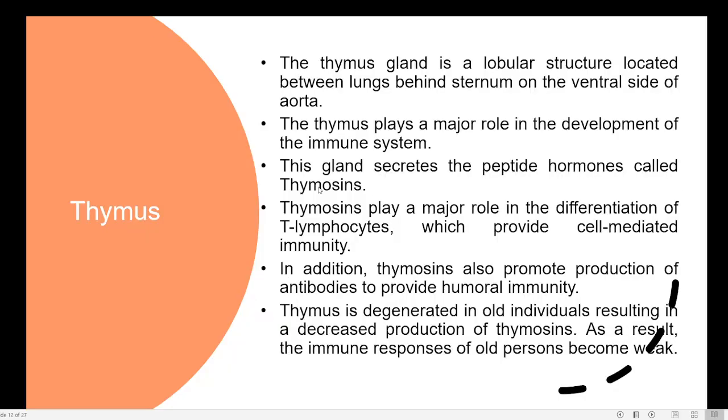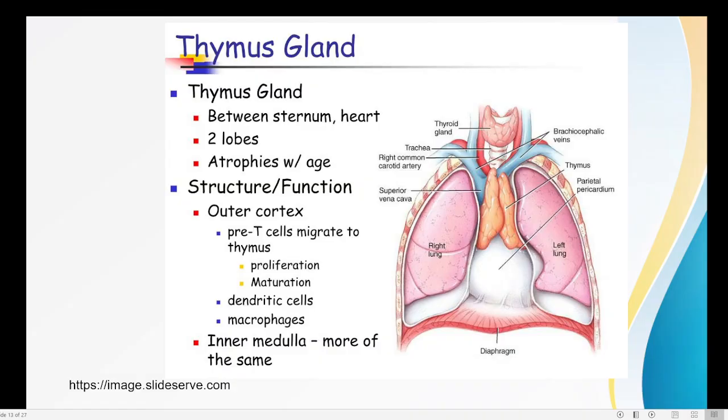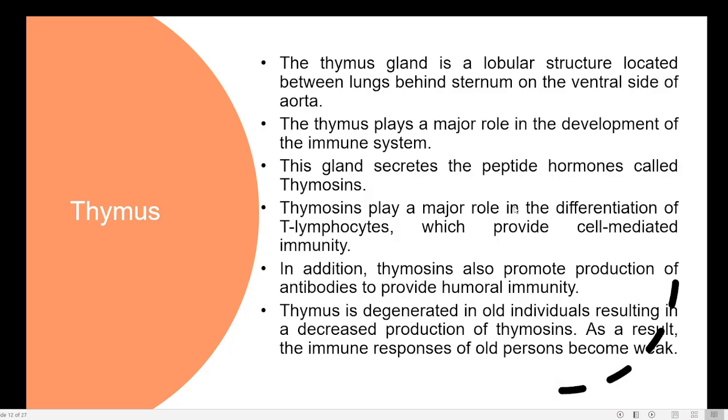Now if you look at the thymus gland, here you can see the position of the thymus gland, it is shown here. So this is the thymus gland between sternum and heart. Thymus gland is a lobular structure located between lungs, behind sternum, on the ventral side of the aorta.